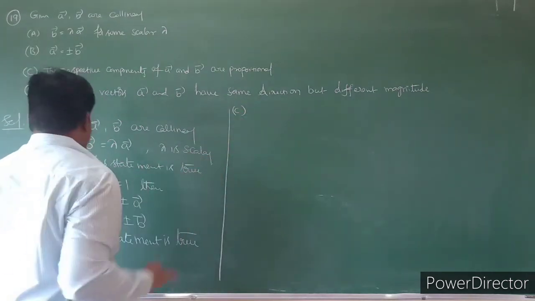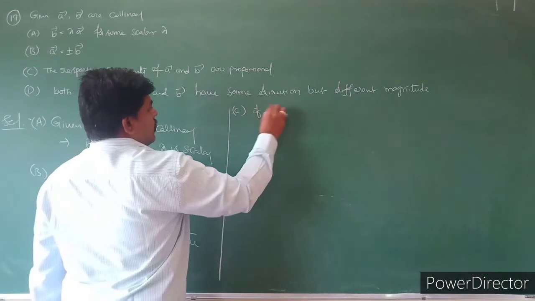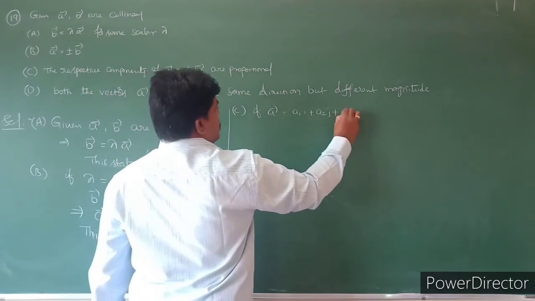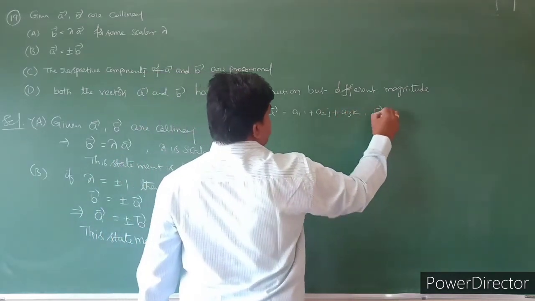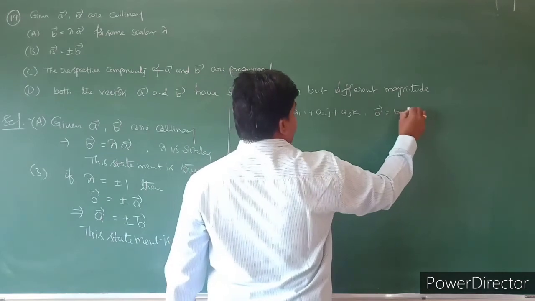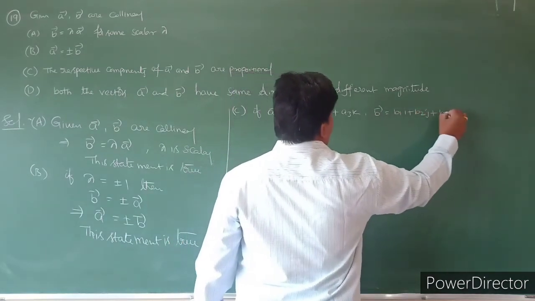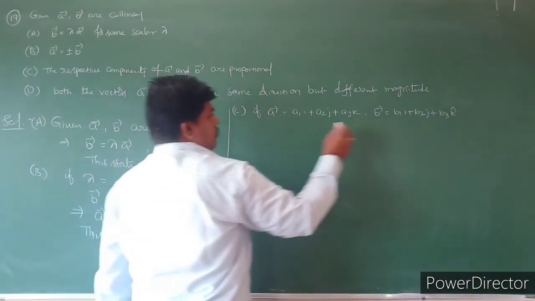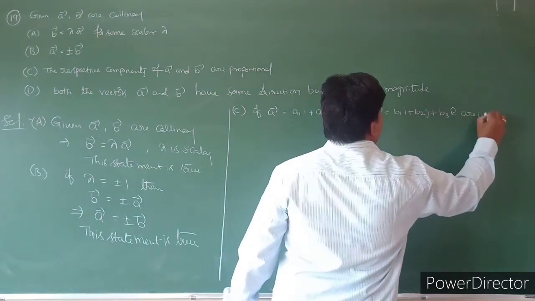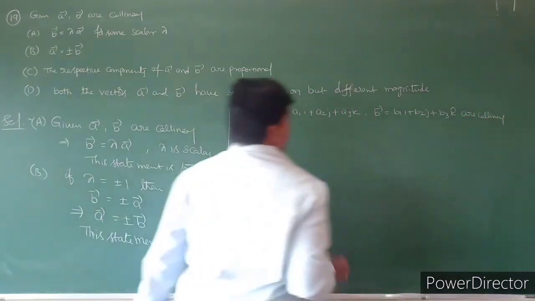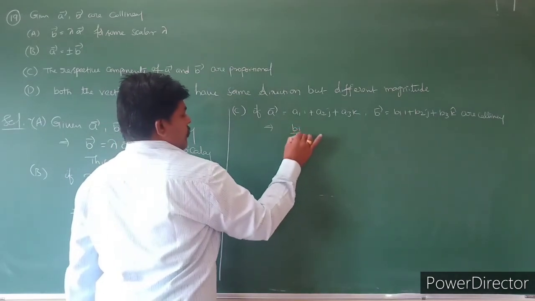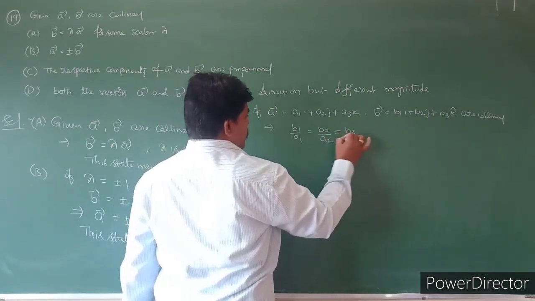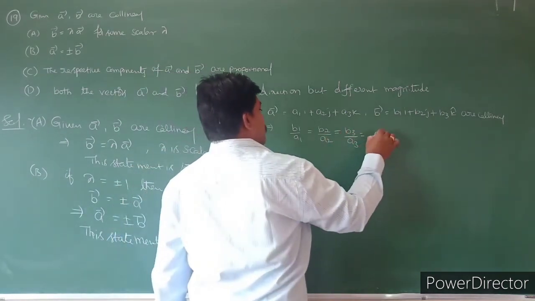Option C. If A bar is equal to a1i plus a2j plus a3k, and B bar is equal to b1i plus b2j plus b3k, and they are collinear, that implies, already you know the condition, b1 by a1 is equal to b2 by a2 is equal to b3 by a3, that is equal to some scalar.